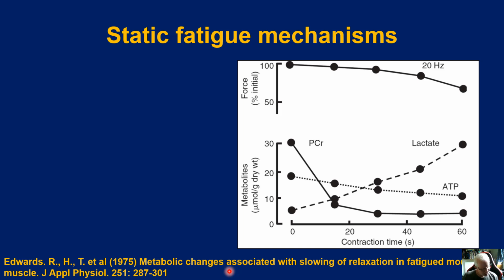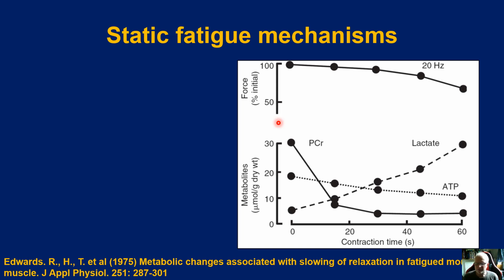So what actually happens? Well, if we look at this data set here in this graph, we've got a contraction time here, so this is an isolated muscle fiber. We've got contraction time going across 60 seconds. And what you can see is that this is the force, so this is a muscle that is being held statically, so it's an isometric contraction.